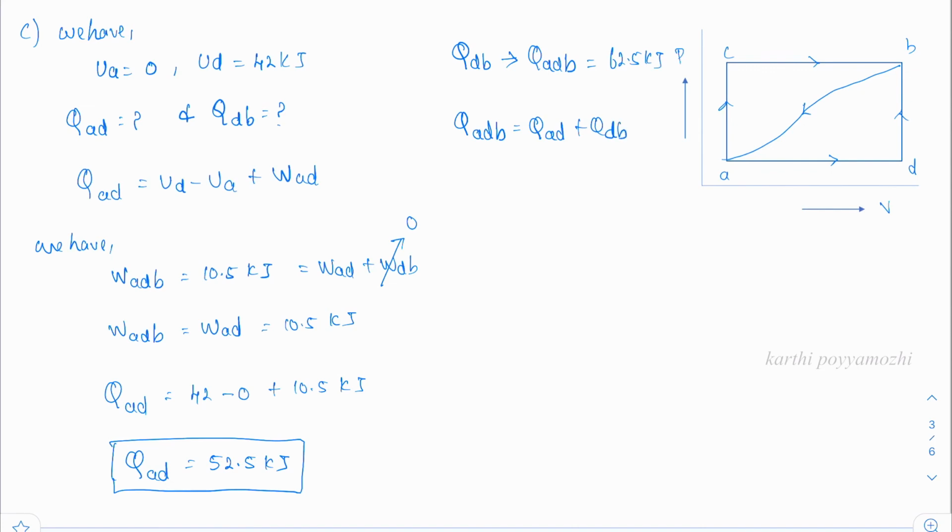We have the values of QADB, which is 62.5 kilojoule, and QAD, which is 52.5 kilojoule. This is an equation involving only one unknown, and we can find the value of Q of DB, which is equal to 62.5 minus 52.5 kilojoule, so Q of DB is equal to 10 kilojoule.